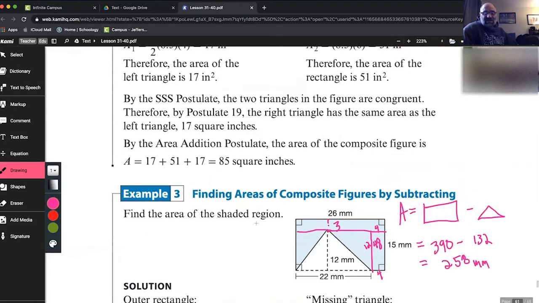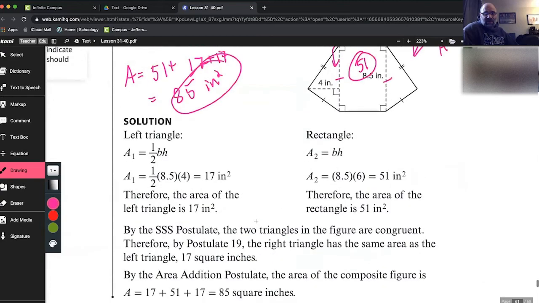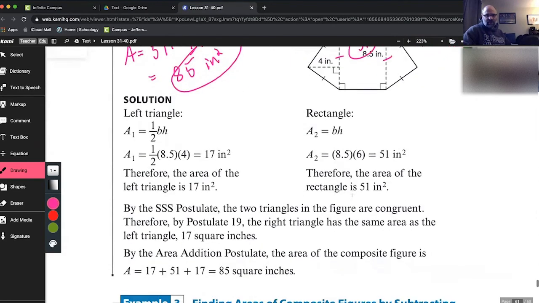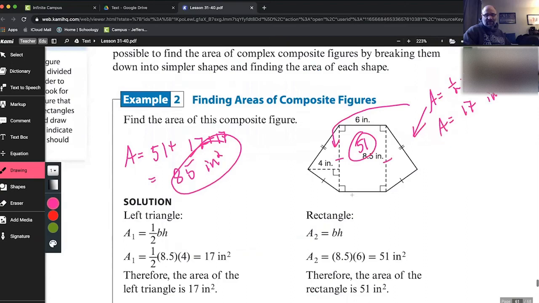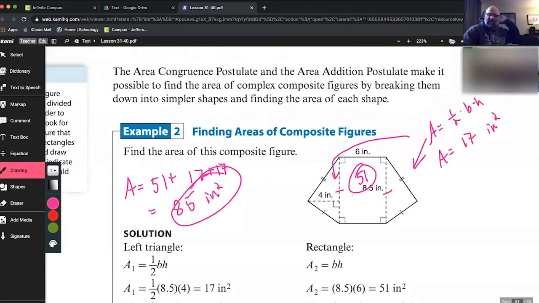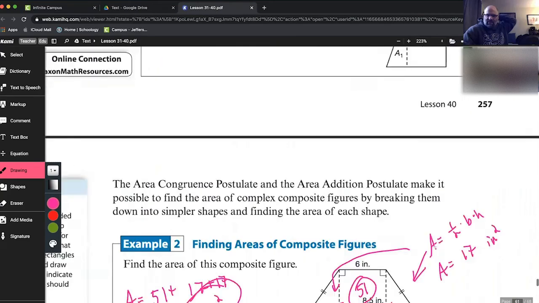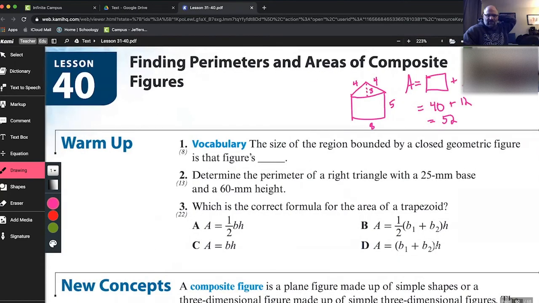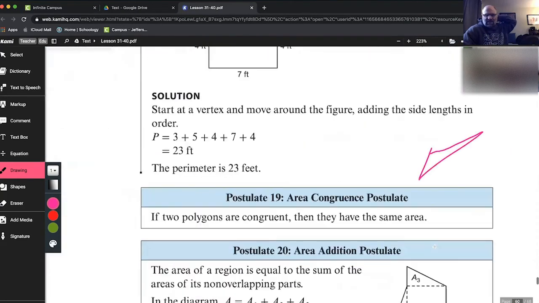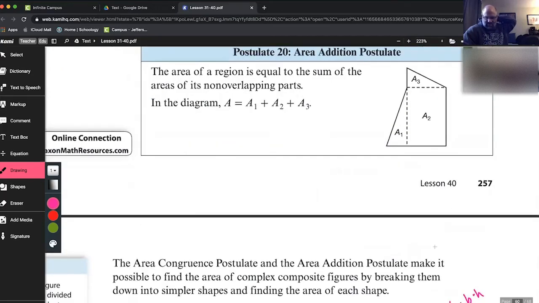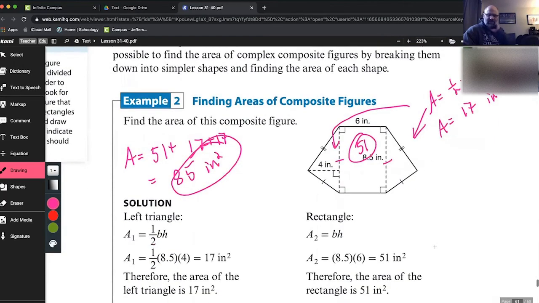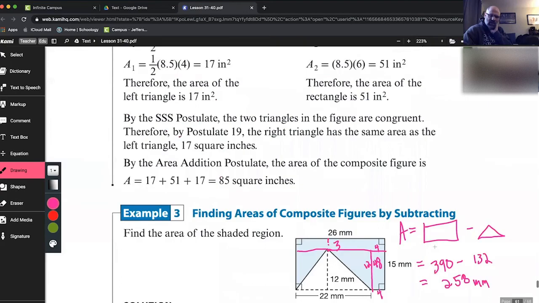So here's what I would suggest before you leave today. You've got almost a half an hour. I would start working on some of this homework. Let's see, maybe I can email this PDF so you can start working on it.